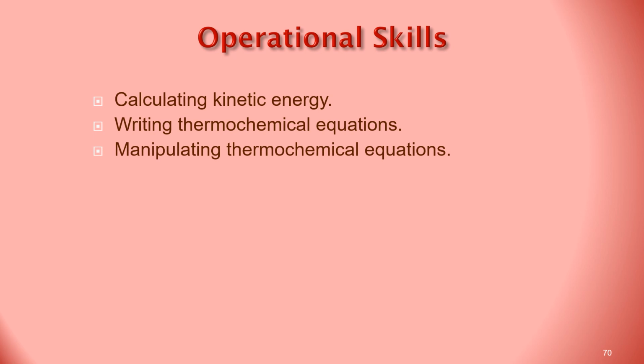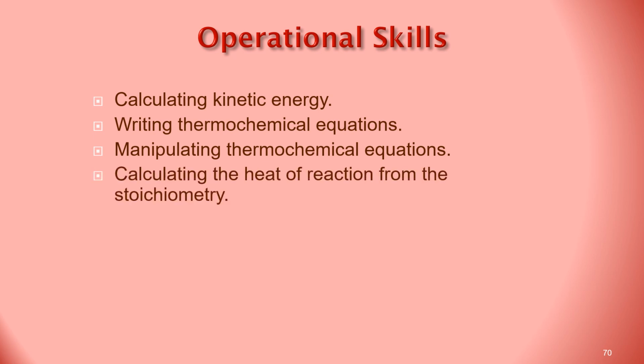Manipulating thermochemical equations, so like we did with Hess's law, if you reverse them, you change the sign. If you multiply by some number, you multiply delta H by that same number. Be able to calculate the heat of reaction from the stoichiometry, like earlier problems we did in this PowerPoint presentation.